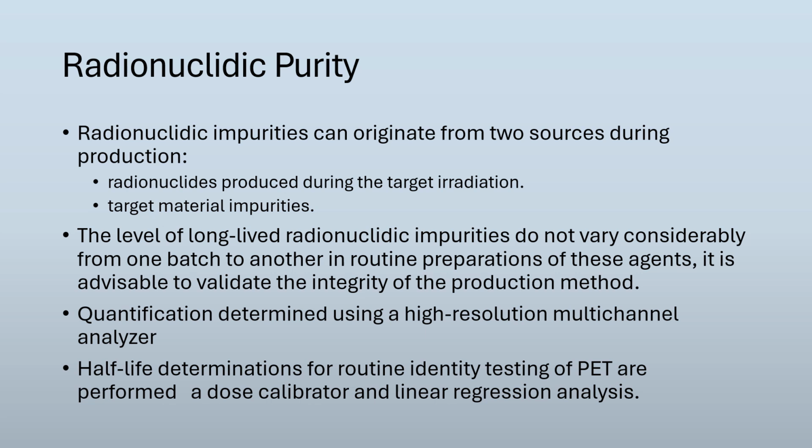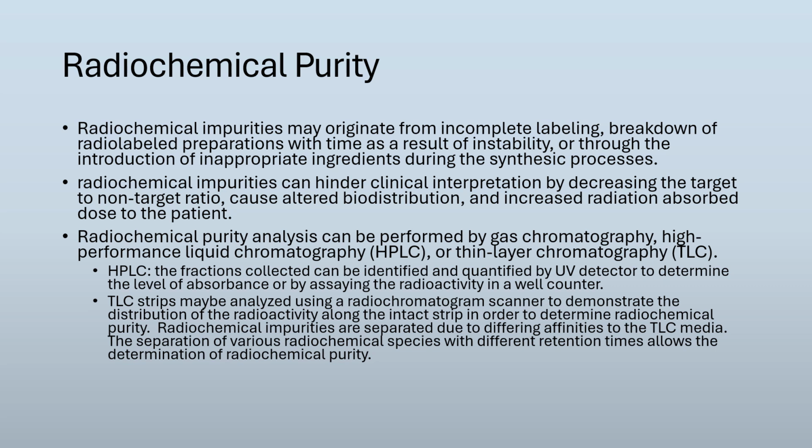It is advisable to validate the integrity of the production method. Quantification is determined using high-resolution multi-channel analyzers, and the half-life determinations for routine identity testing of PET are performed using a dose calibrator and a linear regression analysis. This is usually not done by a PET-CT technologist. This is usually done at the pharmacy.